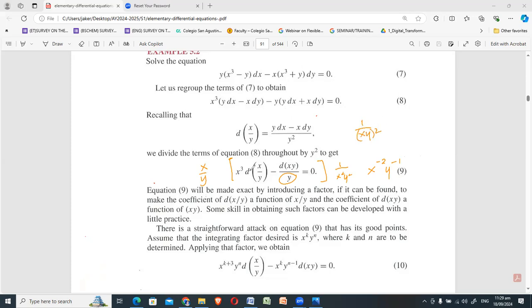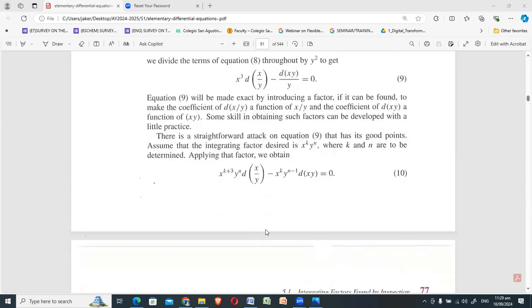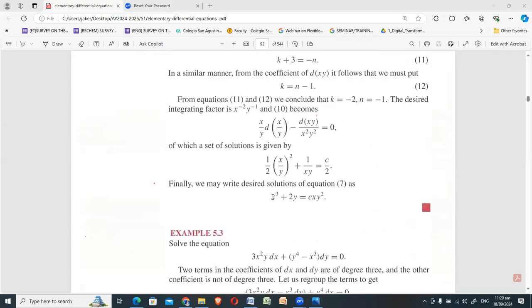Your new coefficient for the d of xy will be xy. Your new coefficient for the negative d of xy will be 1 over xy quantity squared. And that's the thing that you see here below. See this? You have now xy, d of xy, minus d of xy over x squared y squared.